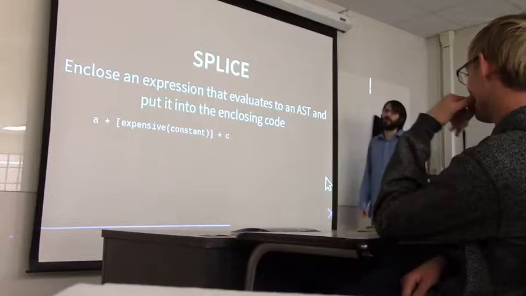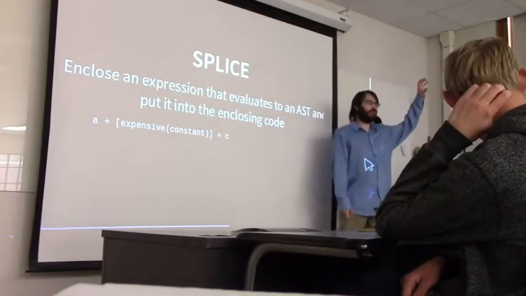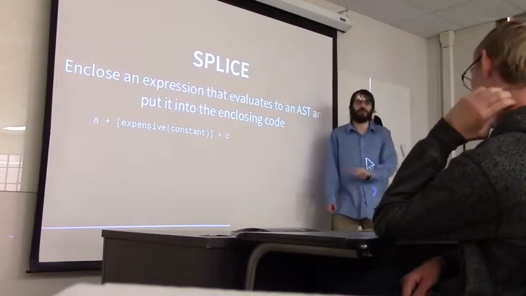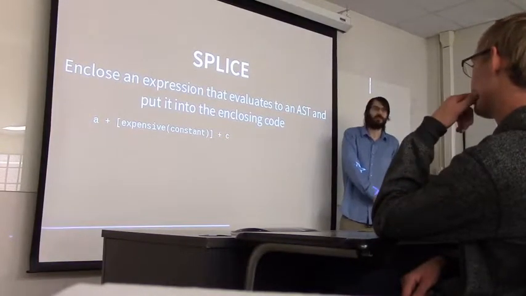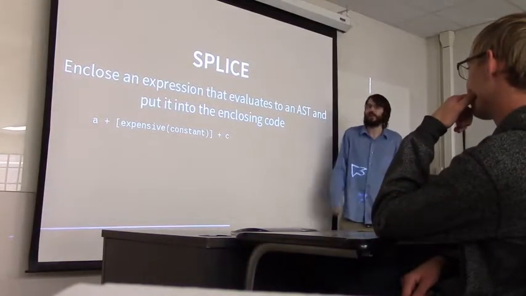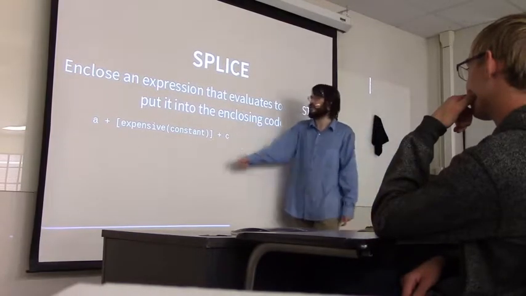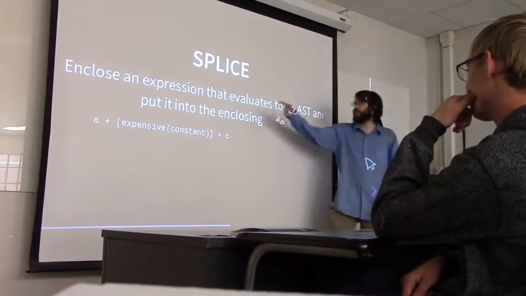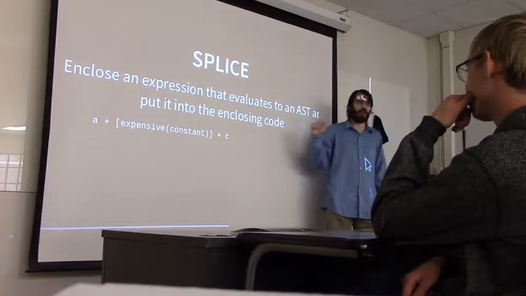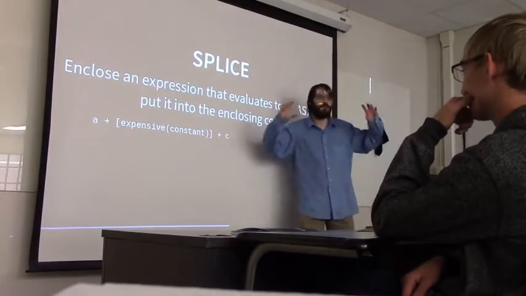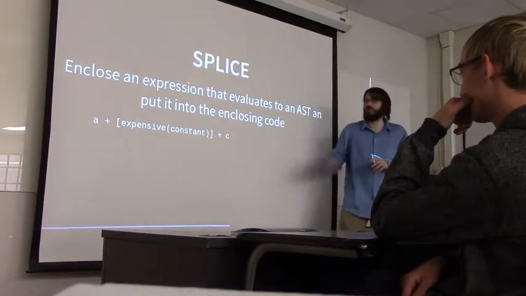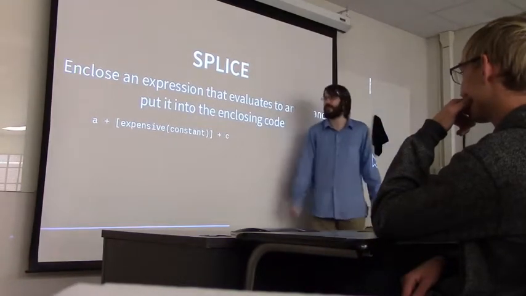Splice. You also need a way to put the AST from a quote back into another part of the AST, so that you can move code around and deal with and generate it. So you can enclose an expression that happens to evaluate to an AST, and then compile the resulting AST into the code that the splice is in.